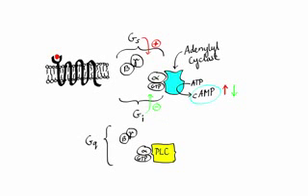Now PLC produces 2 second messengers. First, diacylglycerol, which we'll refer to as DAG, and the second one, inositol triphosphate, which we'll refer to as IP3. Now DAG, just like cAMP, leads to different responses through activation of protein kinases. However, IP3 produces various responses by mediating intracellular release of calcium.